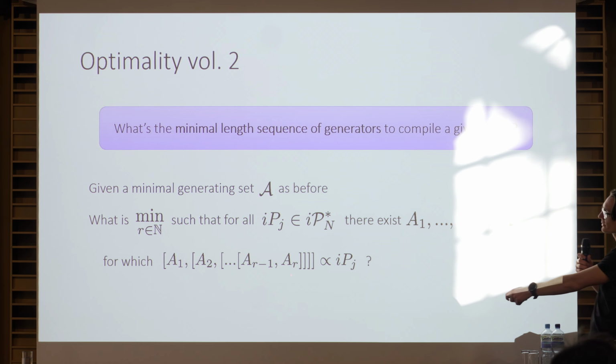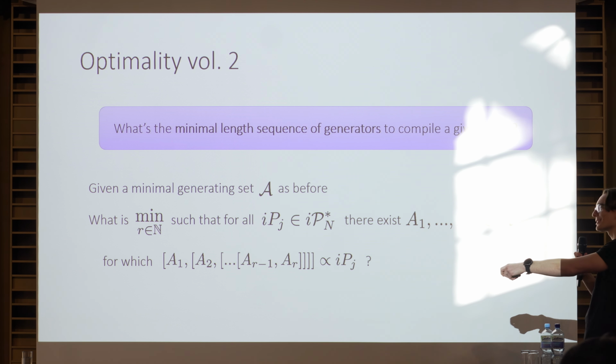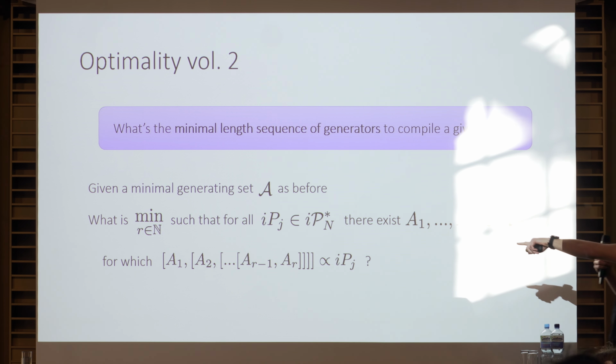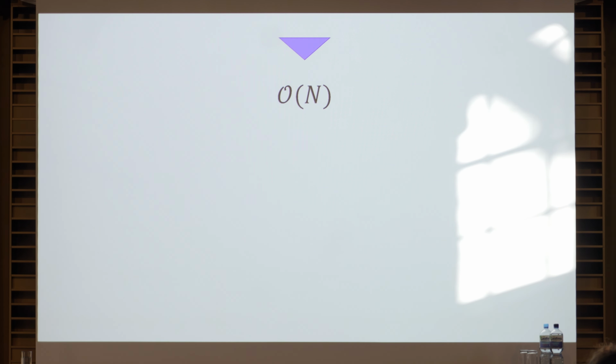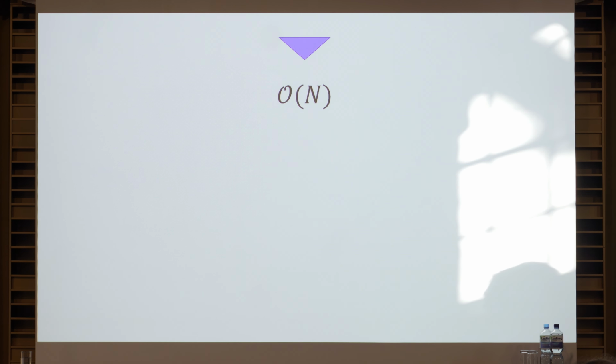What's the minimal R such that such a sequence can generate all Paulis? This is basically your question, right? Yes, it's O(n), correct. And this is true specifically for the construction we are having. That's why I said the general sets as before.